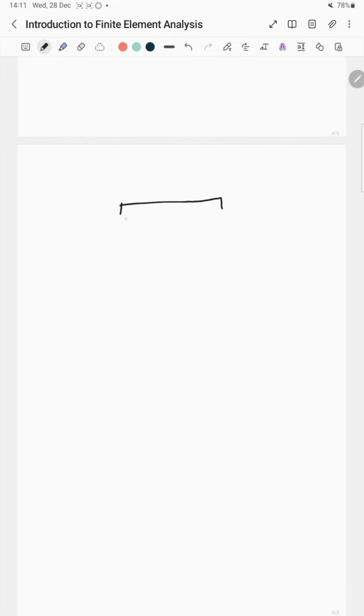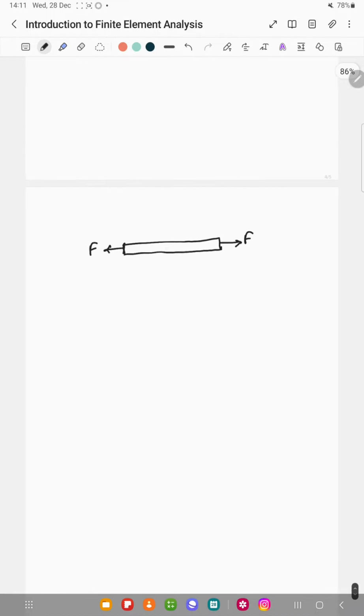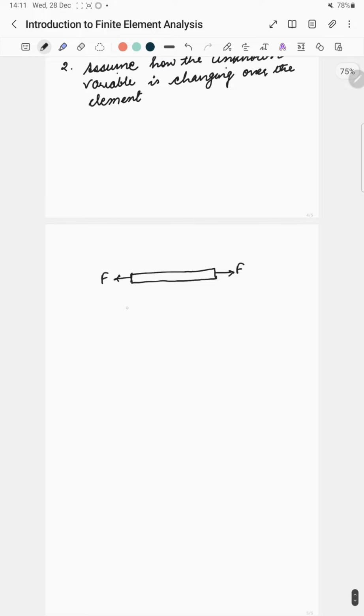Say we have a bar here and we are pulling it with a force of magnitude F. So our first step is to divide this bar into number of elements. And we wish to find the displacement at all internal points in the x direction.